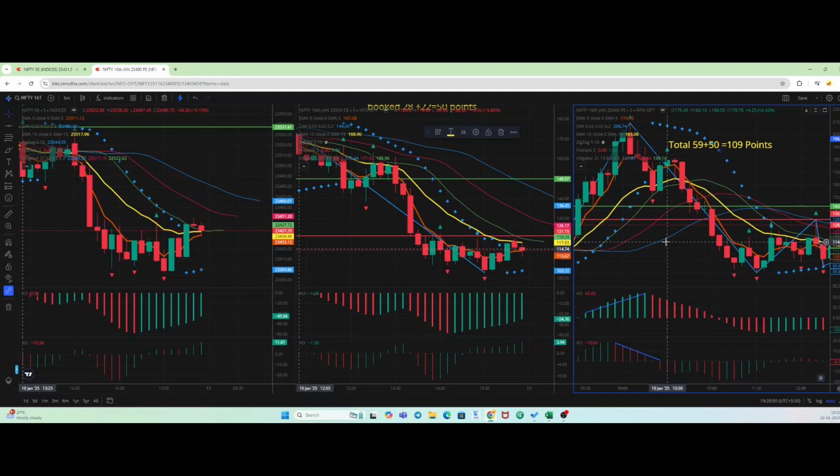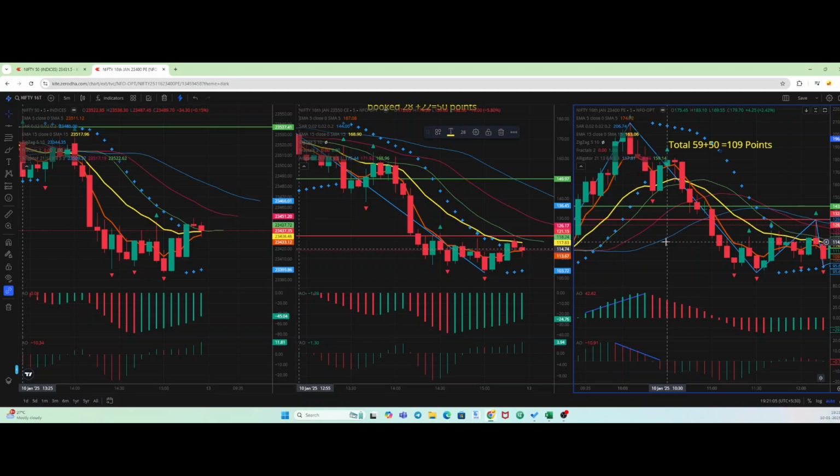Simple strategy is giving the profit, but the only thing here is that we need to maintain the strategy rules properly, as well as keep our patience properly. Here one logic is there.